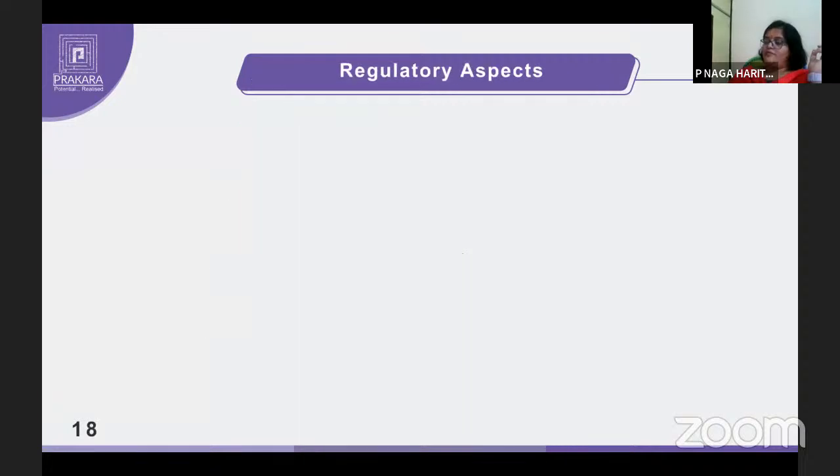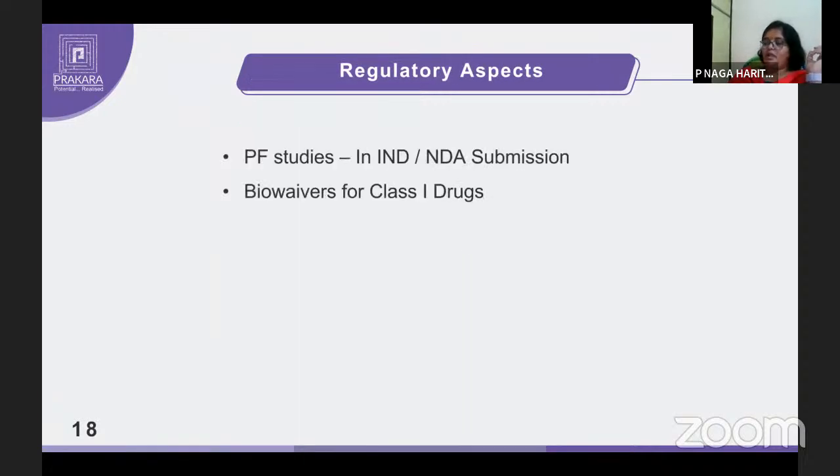And then moving on, we have regulatory aspects. These pre-formulation studies and the biopharmaceutical classification system play a crucial role in regulatory submissions, like IND and NDA, investigational new drug and new drug application.